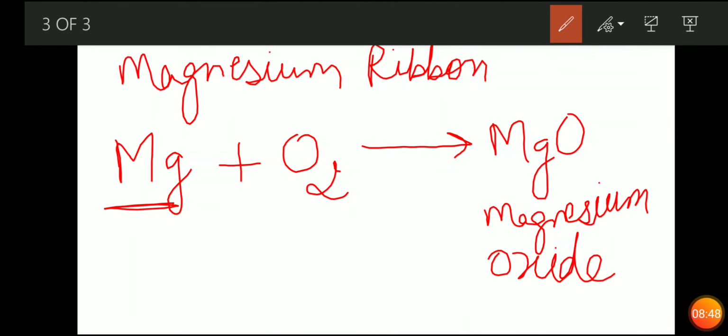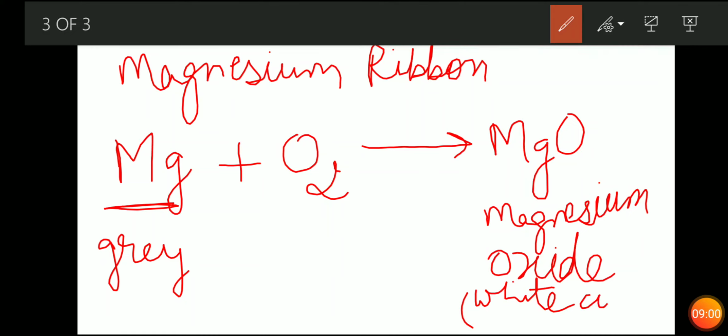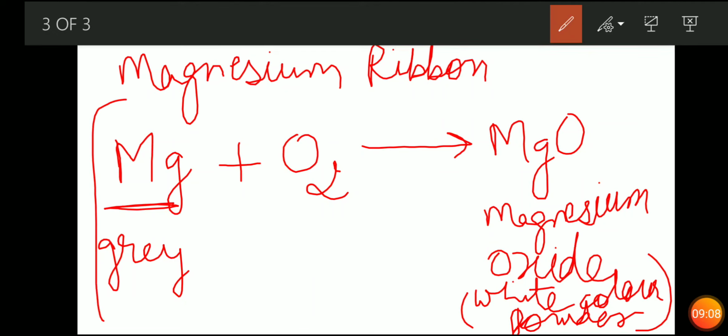Now this magnesium is grey in color. When it reacts with oxygen, it will form magnesium oxide, and it is a white color powder. So this is a chemical reaction when a magnesium ribbon burns with oxygen, that you have to write.